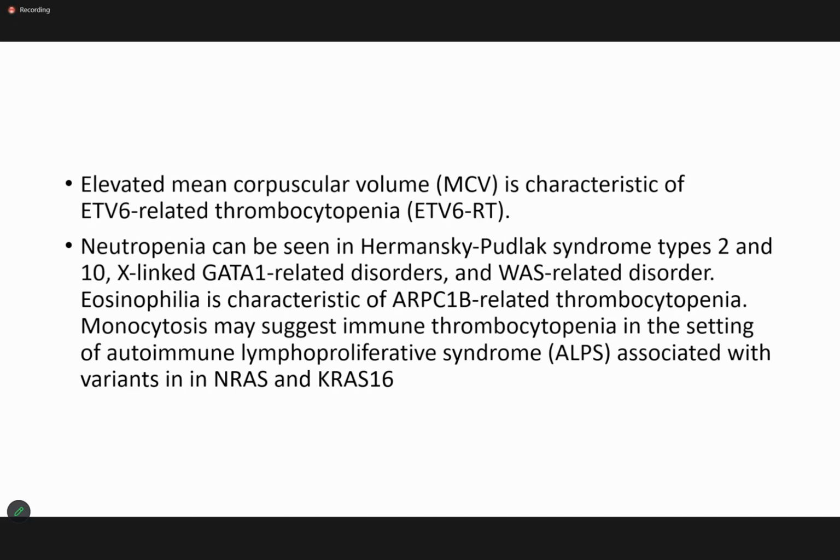Okay, elevated MCV is basically characteristic of ETV6-related thrombocytopenia. Okay, and when it comes with neutropenia, it can be seen in Hermansky-Pudlak syndromes or X-linked GATA1-related disorder and Wiskott-Aldrich syndrome-related disorder, whereas a patient with eosinophilia is characteristic of ARPC1B-related thrombocytopenia. Okay.